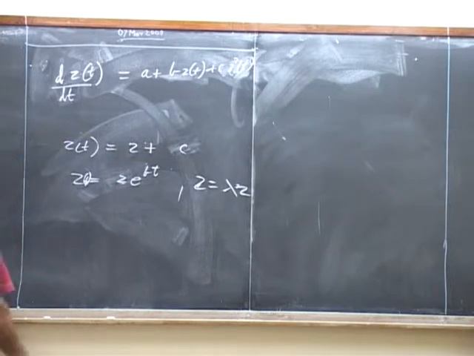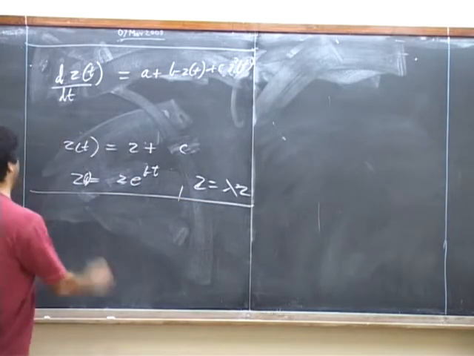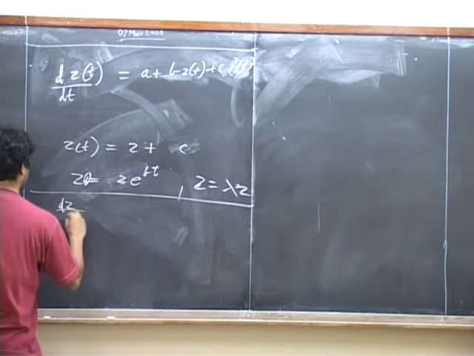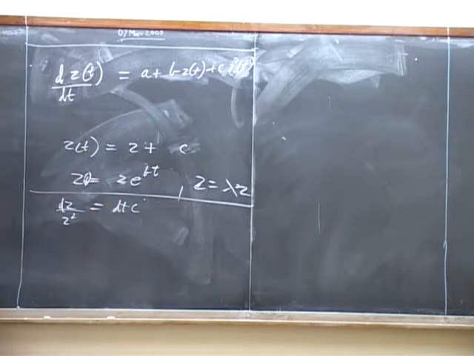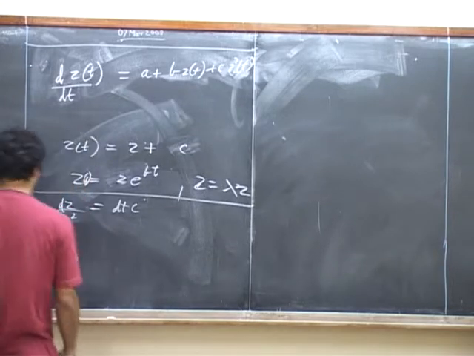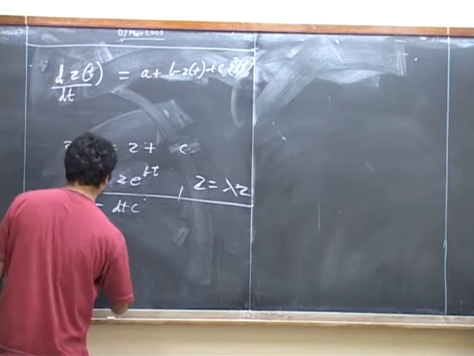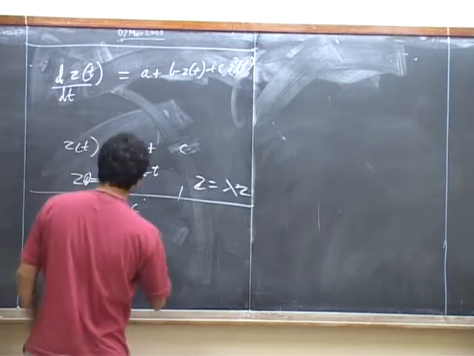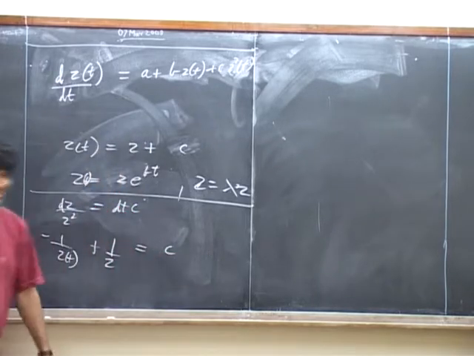So let's try to understand what happens with this one. Exactly. So dz over z squared is equal to c dt. So we get one over z(t). Actually, it's the other way around: minus 1 over z(t) plus 1 over z is equal to some constant. That's all that constant c version is.